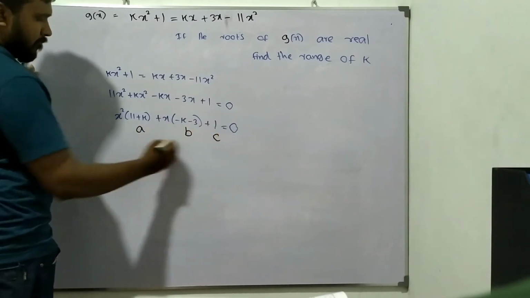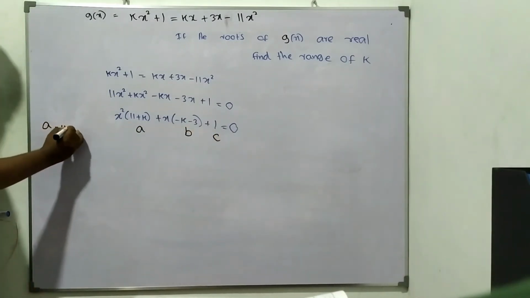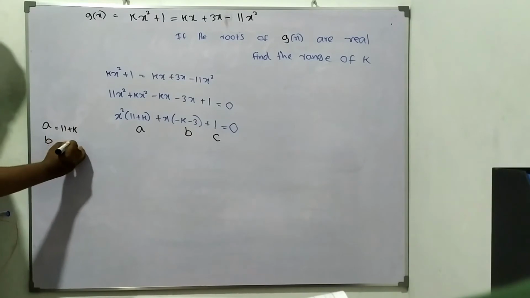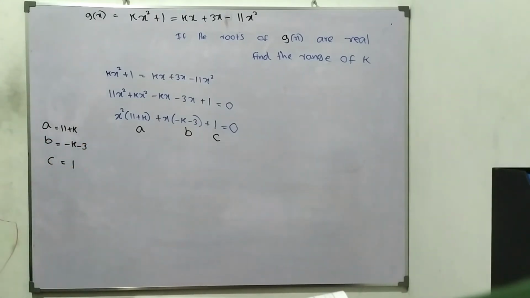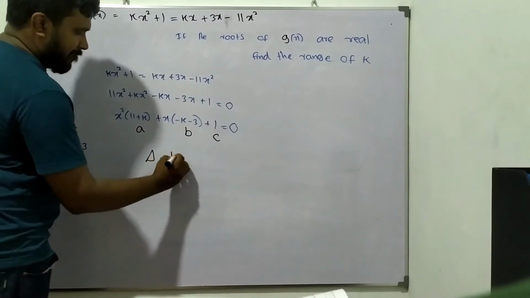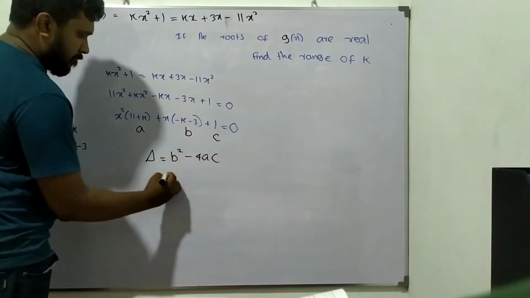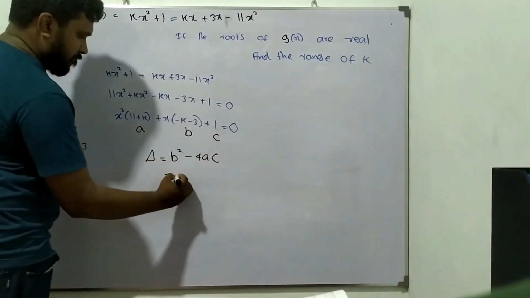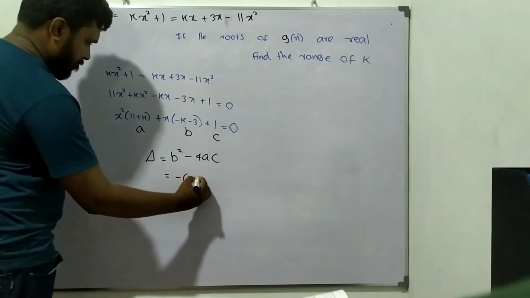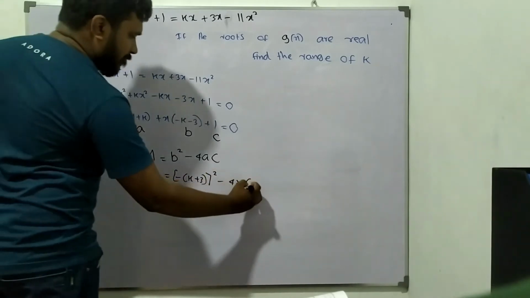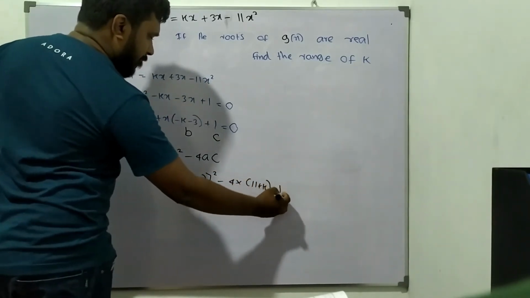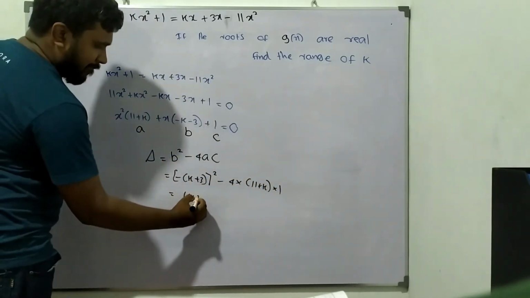This is a, b, c. a equals 11 plus k, b equals minus k minus 3, c equals 1. I substitute into b squared minus 4ac.